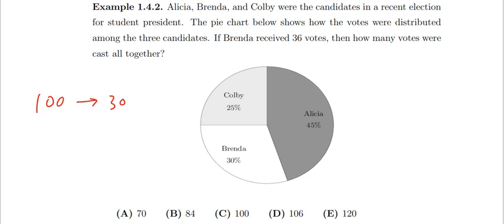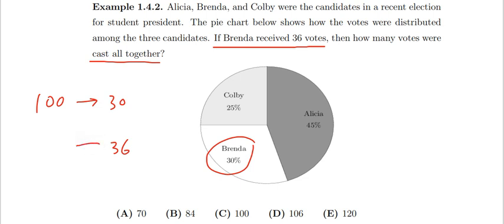Let's say a blender receives 36 watts, then how many watts in total? So this part is 30%. So 30% equals 36; 36 watts means 30%.